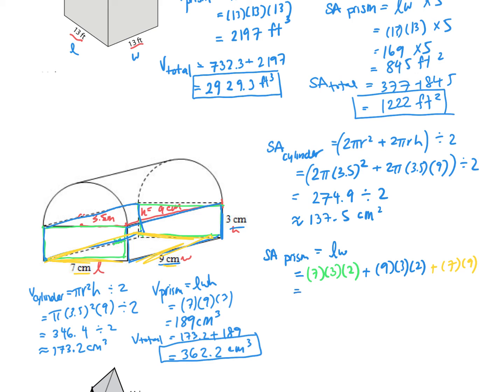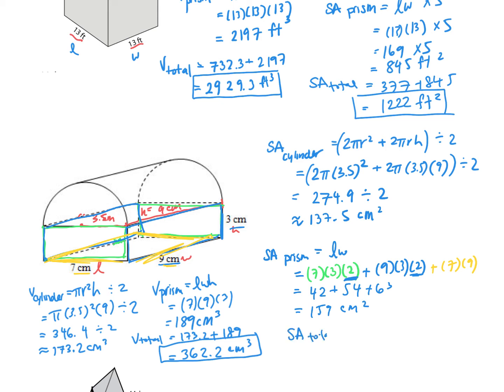So I will do the multiplication individually here. So 7 times 3 times 2 is 42. 9 times 3 times 2 is 54. And 7 times 9 is 63 for all 5 of those surfaces. So the times 2 here is me just finding 2 of those rectangles. And when we add those up, the 42 plus the 54 plus the 63, we get 159 centimeters squared for all 5 rectangles.